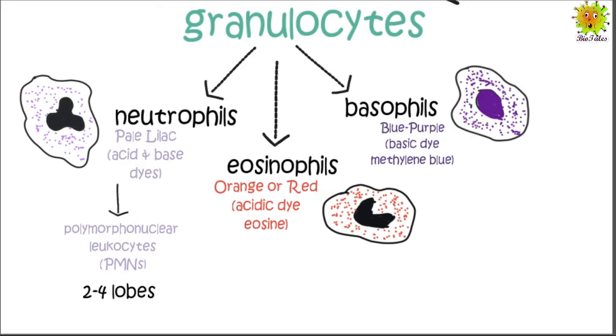The second type of granulocyte is the basophil. These cells release histamines that are important in allergic responses and inflammation. The third type of granulocytic cells are eosinophils. These are somewhat phagocytic and have the ability to leave the blood.